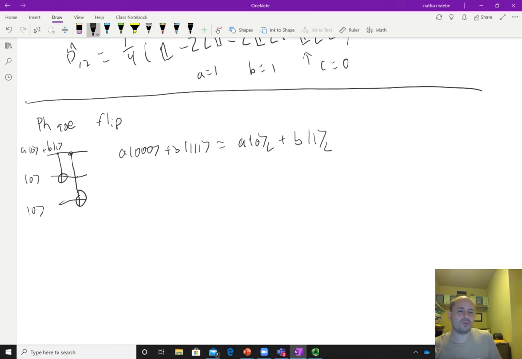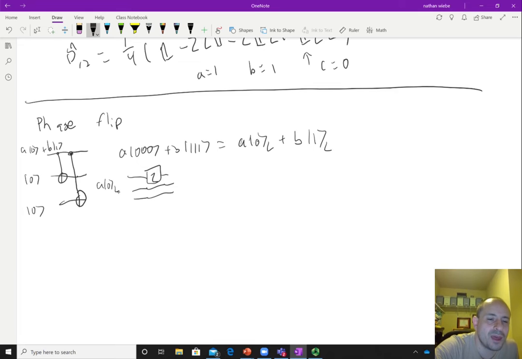Let's assume we have this preparation, and we put it through the following gate, Z over here. Then what we have is A|0_L> plus B|1_L>, and tracking that through, we end up getting A|0_L> minus B|1_L>.